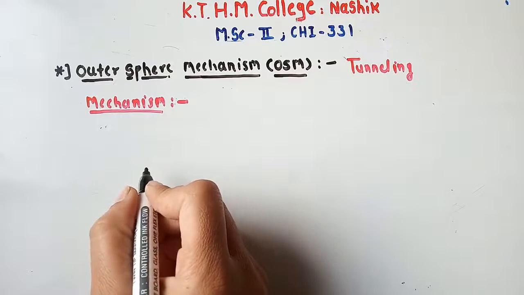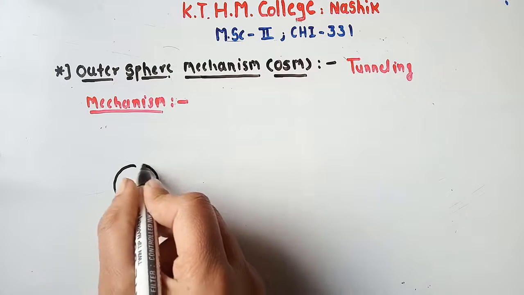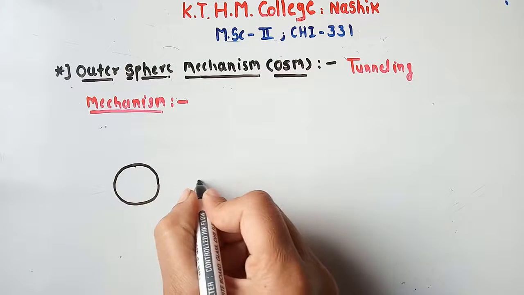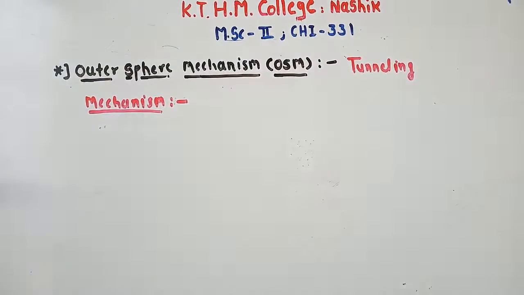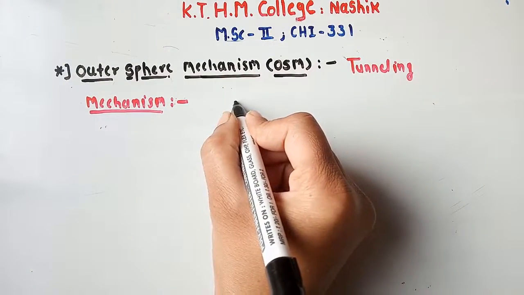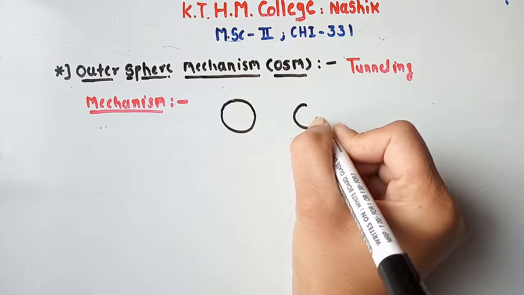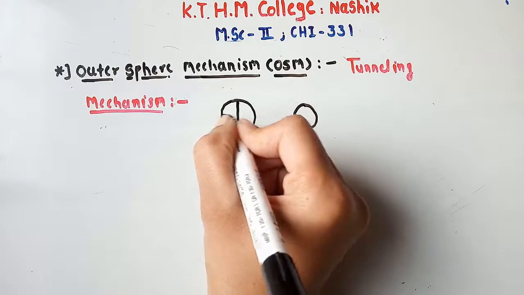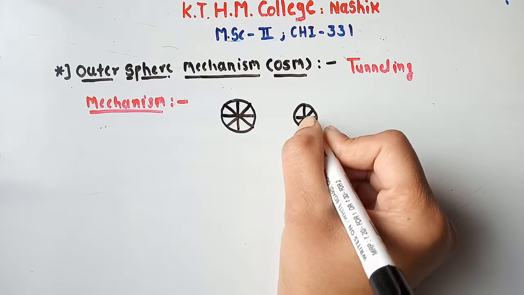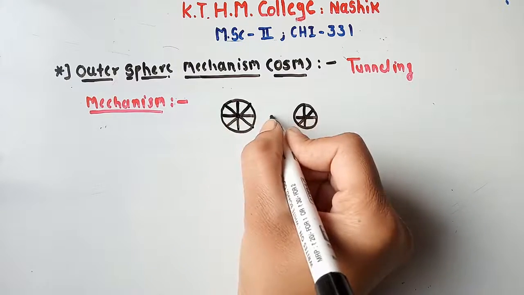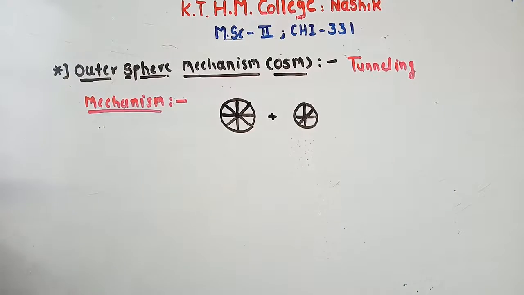If cobalt plus 2 carries large size, and cobalt plus 3 carries small size, here is your metal, here is your metal. This carries large size while this carries small size.